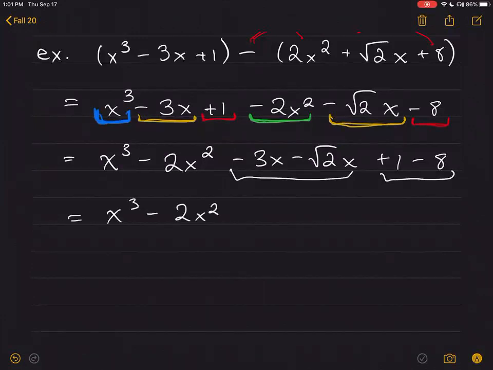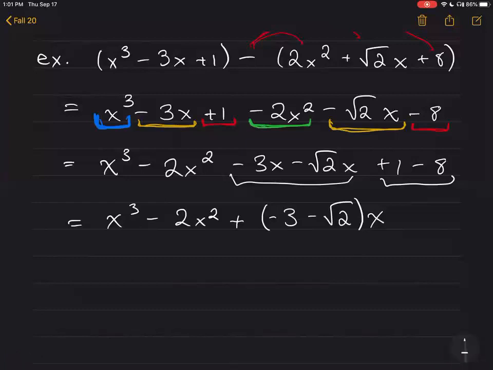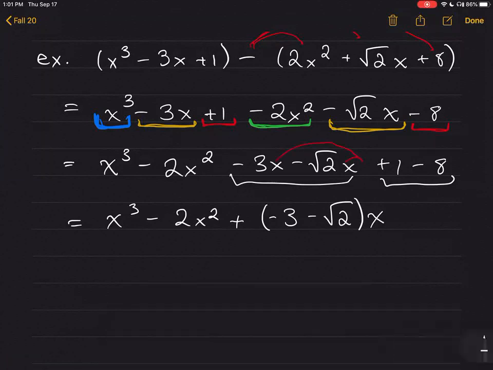Now I don't know what negative 3 minus square root 2 is, so I'm just going to leave them as such and put an x out in front because those are the two x terms. So I pulled the x out here. See what I did? I pulled it out and put it just on the side. And then plus 1 minus 8 is negative 7. So that's the answer.